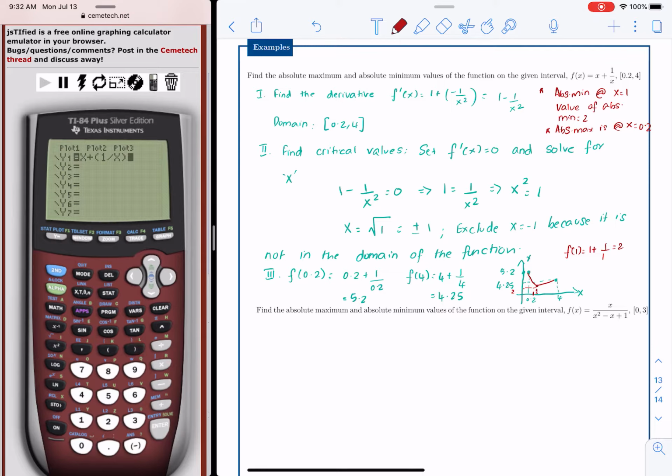The first step is to find the first derivative. F prime of u is minus 2 sine u plus 2 cosine 2u, and we have to set that equal to 0.